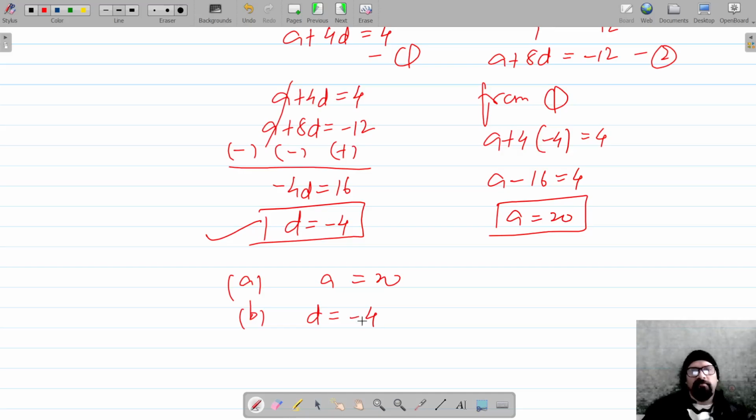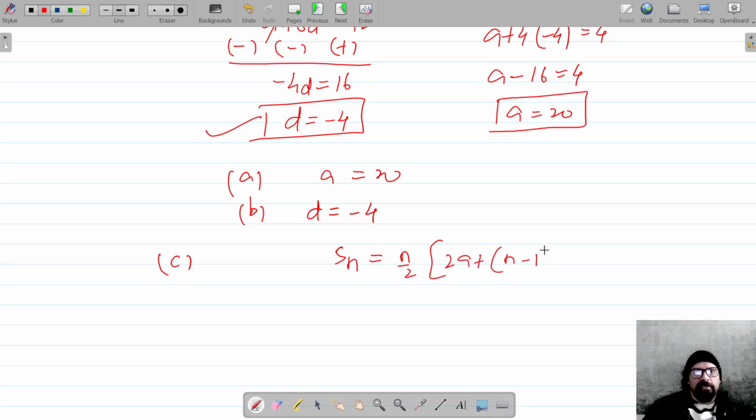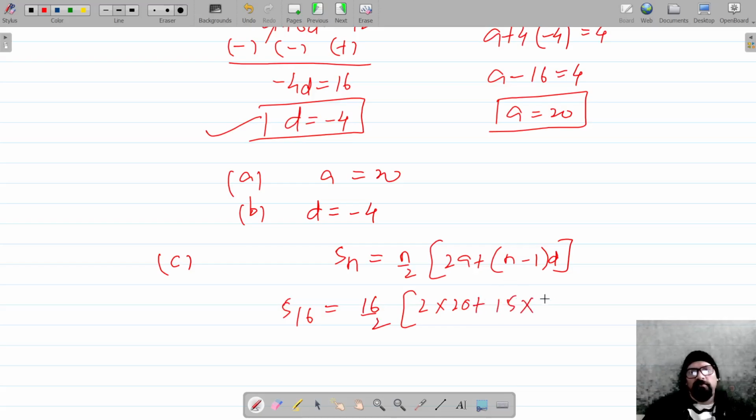Now we have to find the sum of 16 terms. We know the sum of n terms is given by the formula n by 2 into 2a plus n minus 1 into d. So the sum of 16 terms is equal to 16 by 2, 2 into 20 plus 16 minus 1 is 15 into d, which is negative 4.